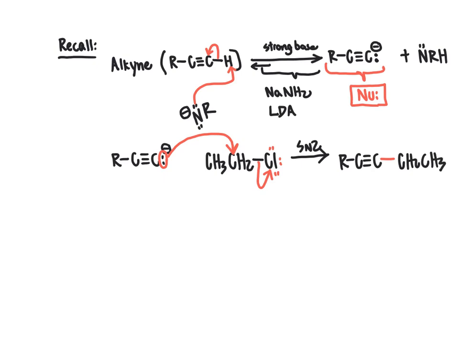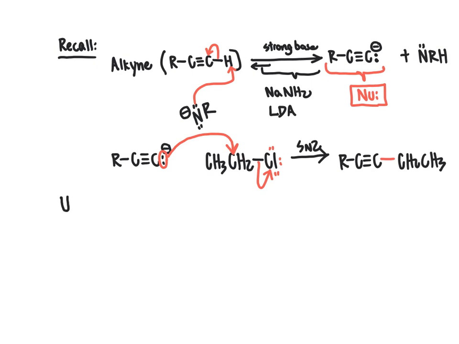Now, as we extend this theme further and want to use our nucleophilic deprotonated alkyne as a resource for creating alcohol products, what we can do is mix up the identity of the electrophilic carbon so that we'll be able to yield an alcohol product. So let's take a look at this in a little more detail.